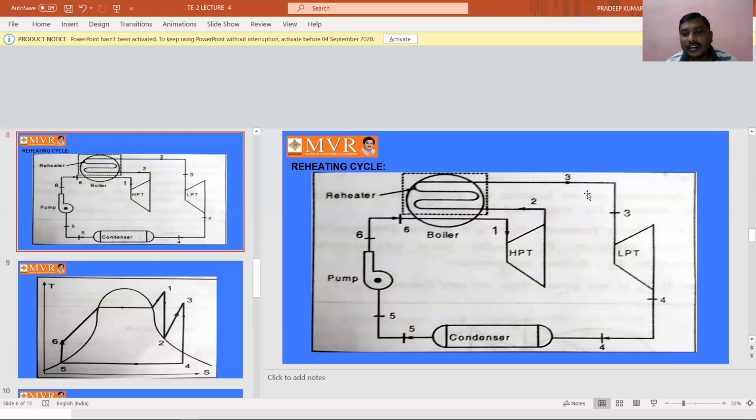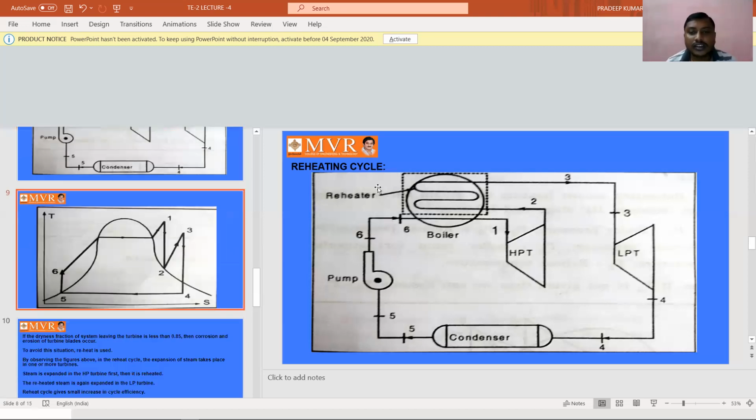After reheating, it is expanded in the low pressure turbine. From the low pressure turbine it enters the condenser, then passes to the pump, and from the pump again to the boiler. This is about the reheating cycle.